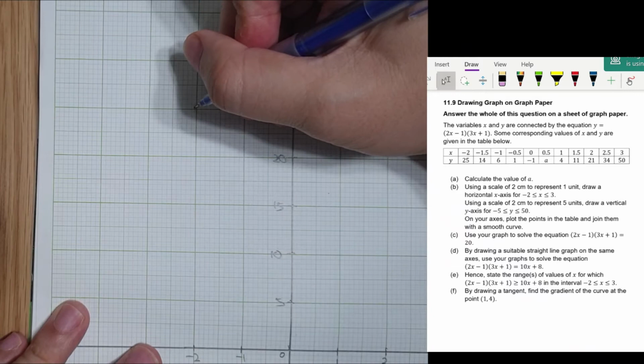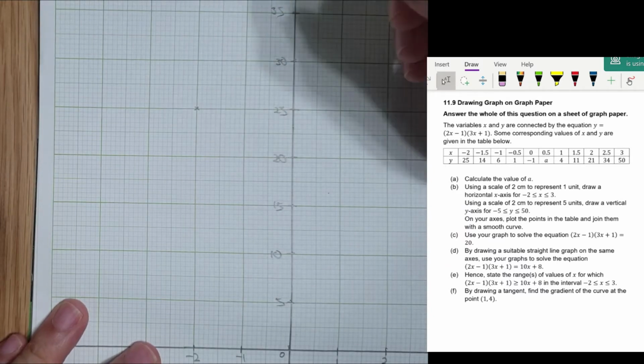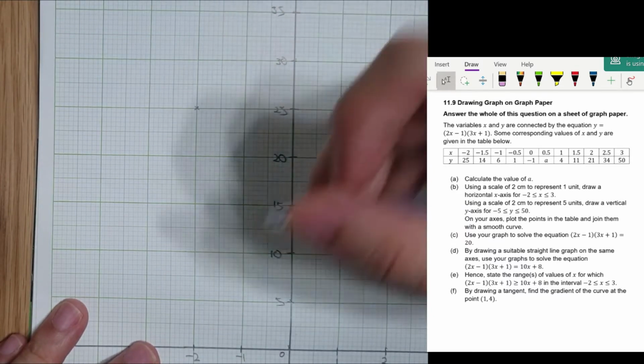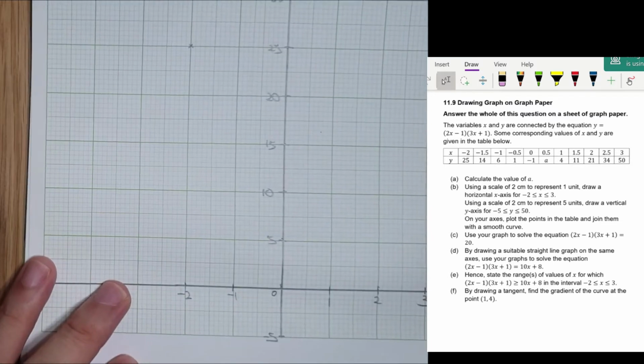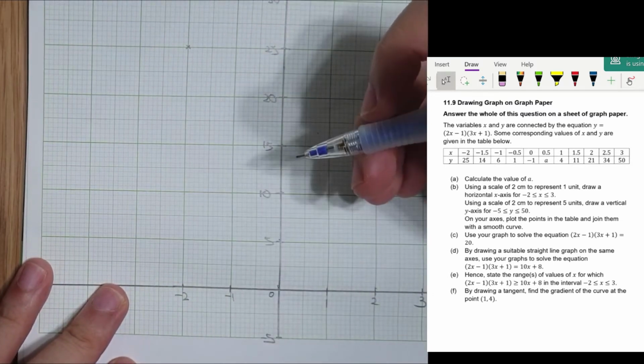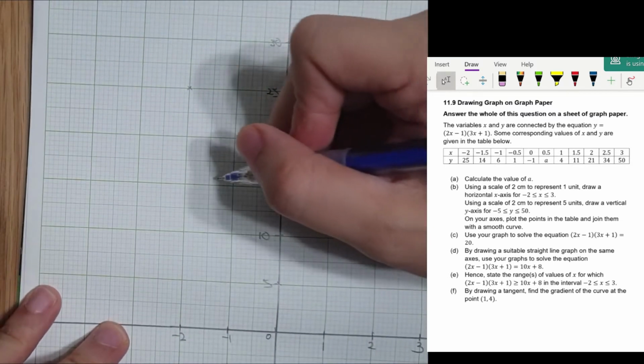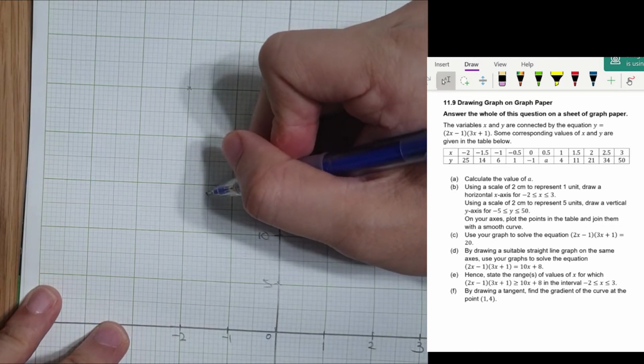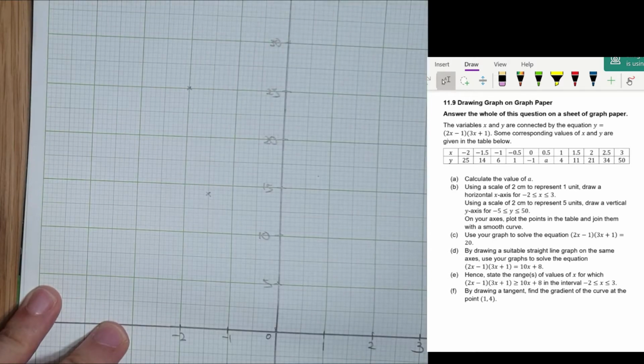-2, 25. Put a small x here, make sure it is accurate. Okay, -1.5. So -1.5 would be between -1 and -2, 14.5 is here, so 14 would be here.